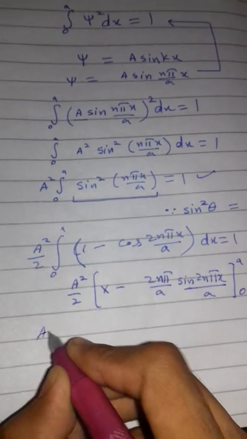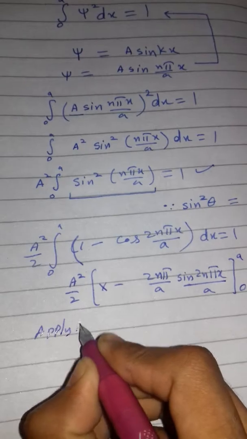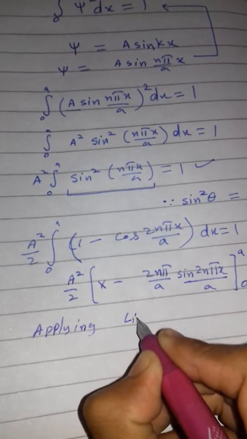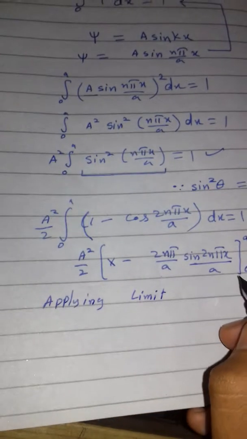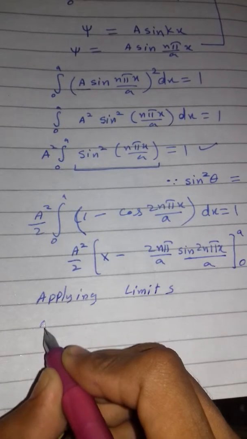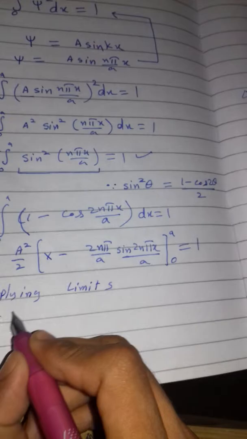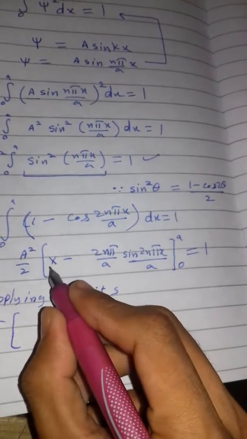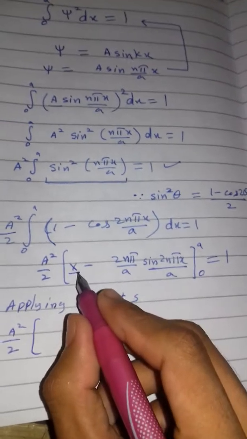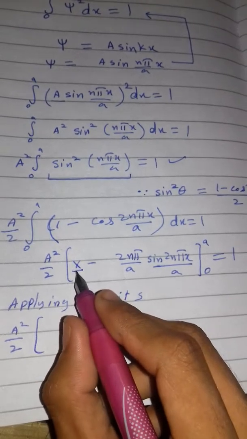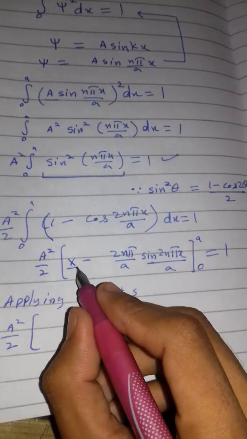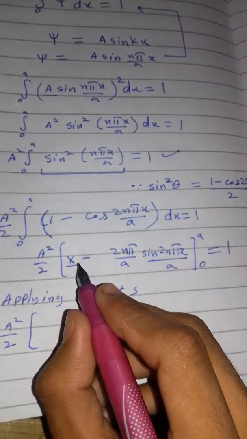Now applying the limits, we apply the limits on this expression, A² over 2. Put a in this x as the final, and then 0 in the x as the initial.